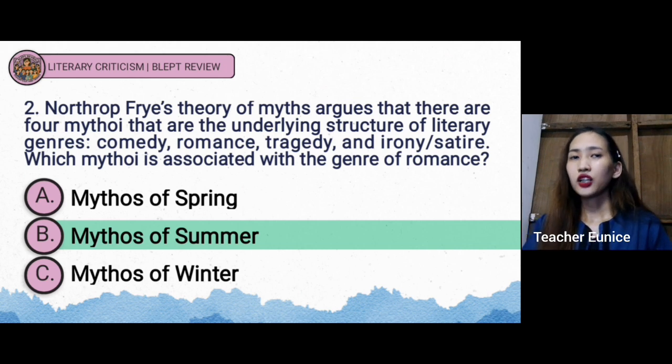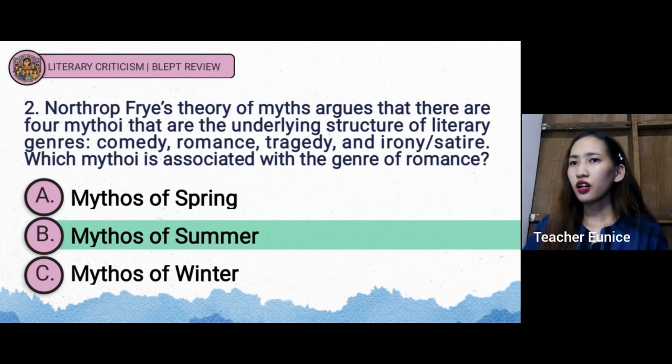So why? So Frye argues that humans imagine the world in 2 ways. They represent in their imaginations the ideal world and contrast it with how they view the real world. So the ideal world is a world of innocence and happiness, and Frye calls it the mythos of summer, which is associated with the genre of romance.